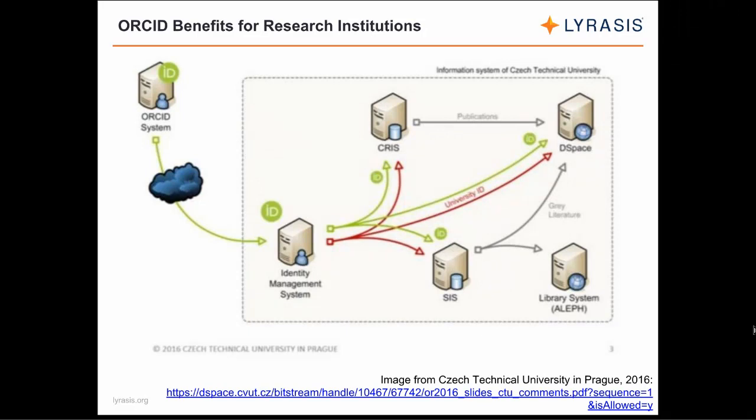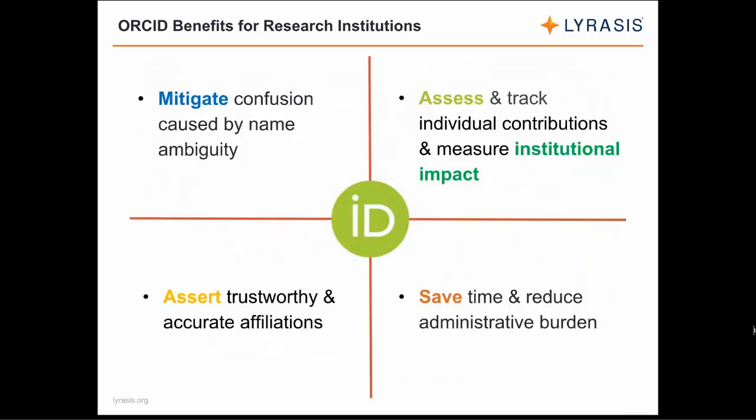So this graphic is actually from the Czech Technical University in Prague, and it shows a link between their central ID management system and ORCID, with data flowing between local systems. And this is just one example of how ORCID can provide an opportunity to streamline data flow between institutional systems.